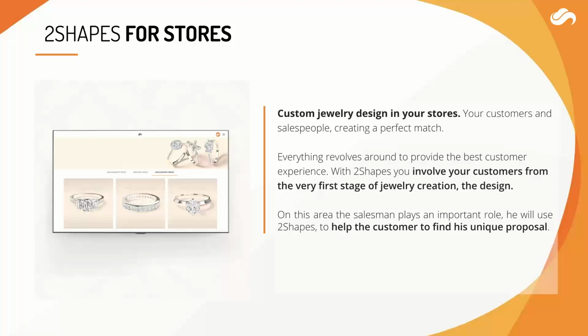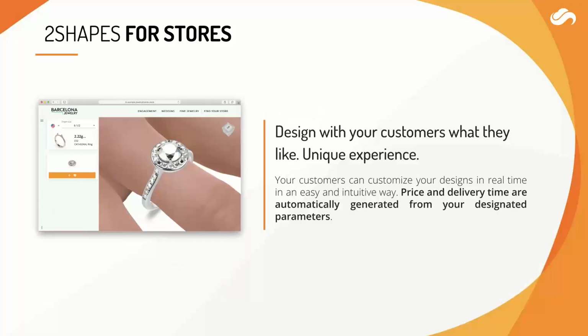It's really cool. And it's a very basic thing: the salesperson and the customer cannot destroy the design. Also, with everything that you change, you see the price in real time.